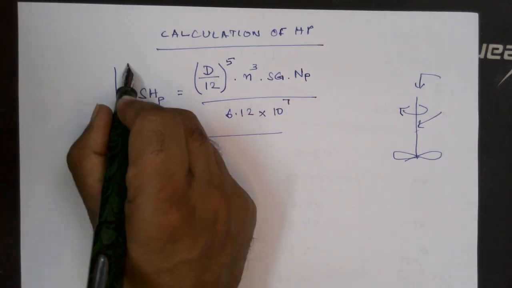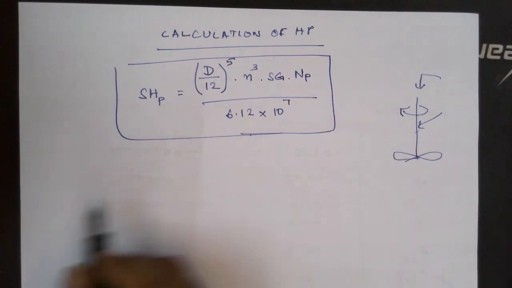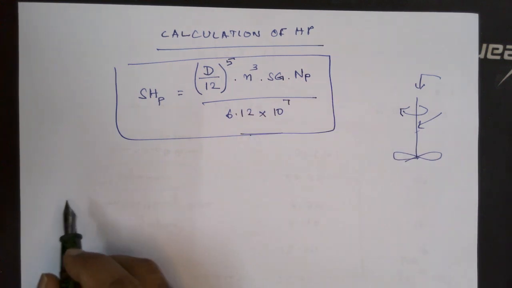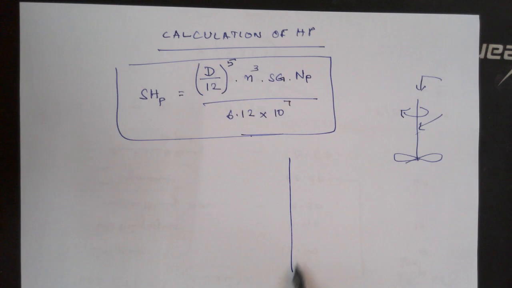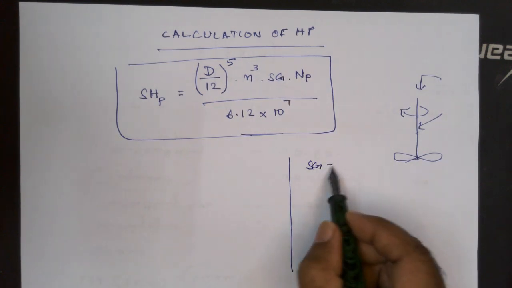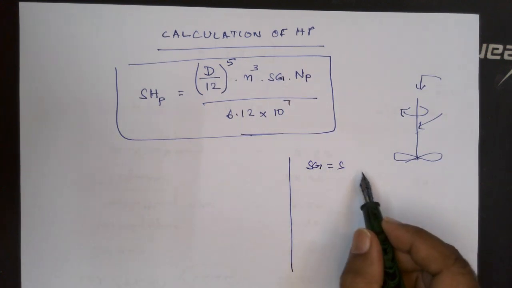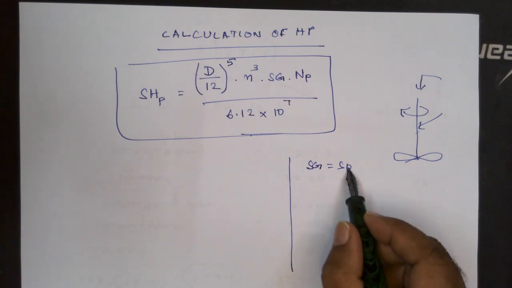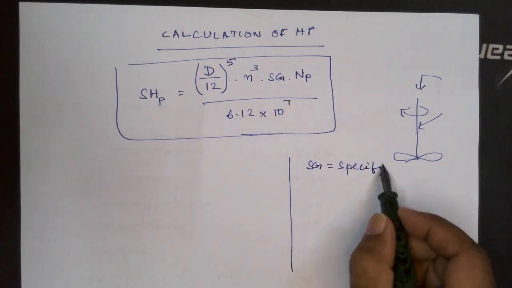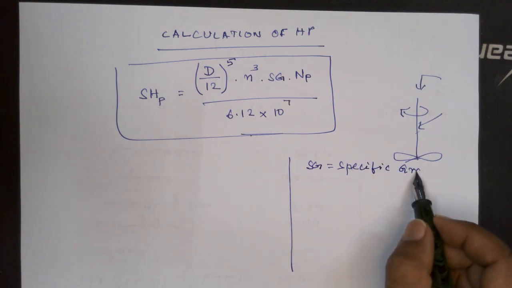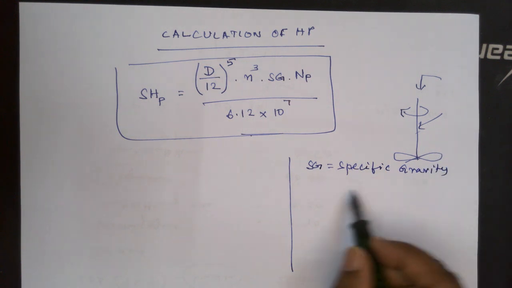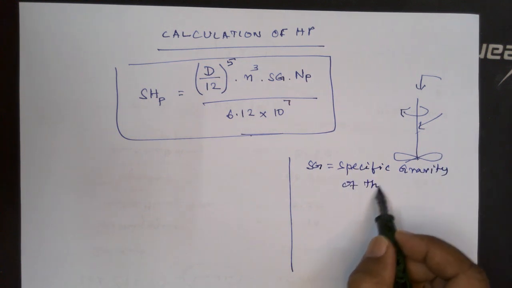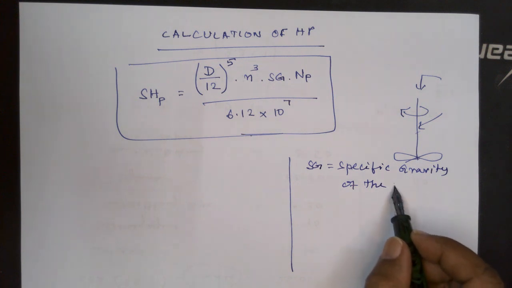So this is the formula. Here Sg is the specific gravity of the liquid or paint.